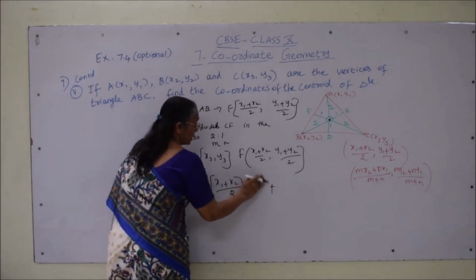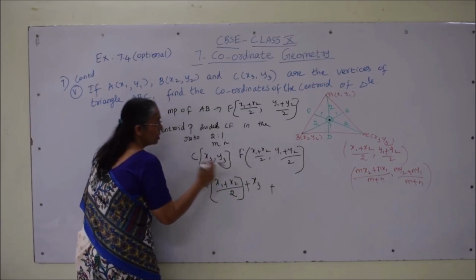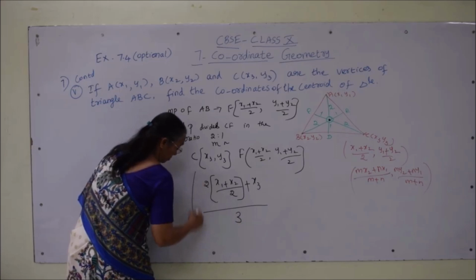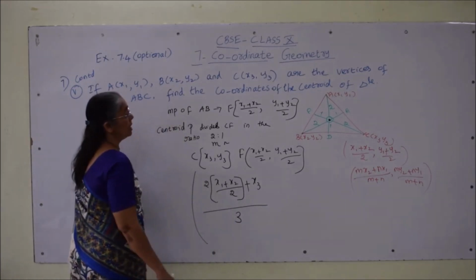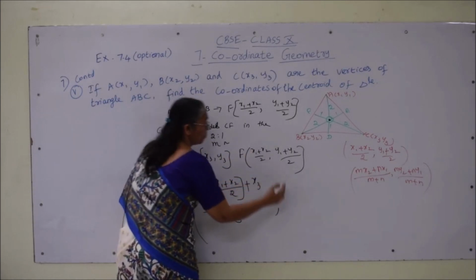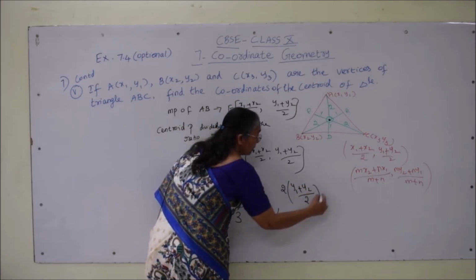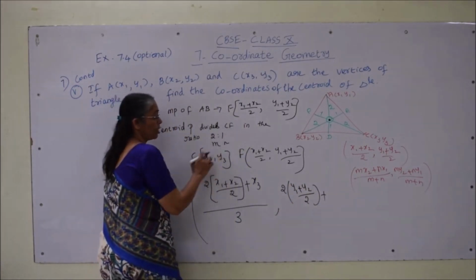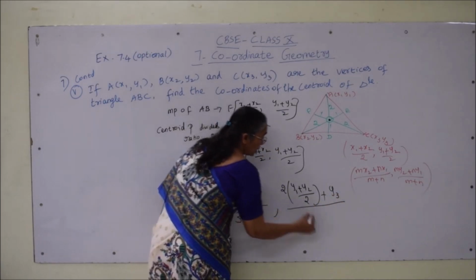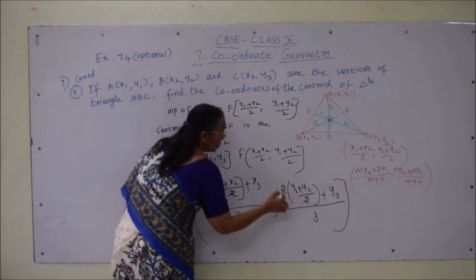This is the first part, mx2 plus nx1 by m plus n, which is 2 plus 1, 3. This is the x coordinate of the centroid. Now for the y coordinate, my2 is 2 times y1 plus y2 by 2, plus ny1, 1 times y3, divided by m plus n, which is 2 plus 1, 3. So here 2 cancels, here also 2 cancels.